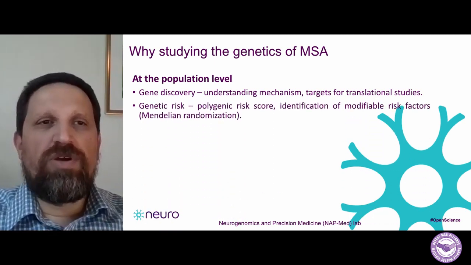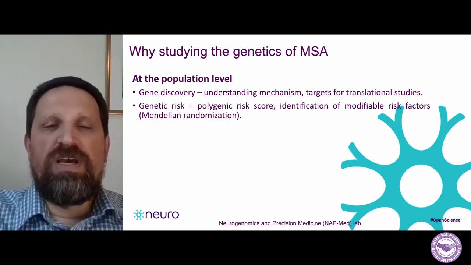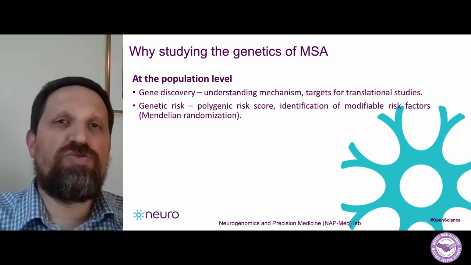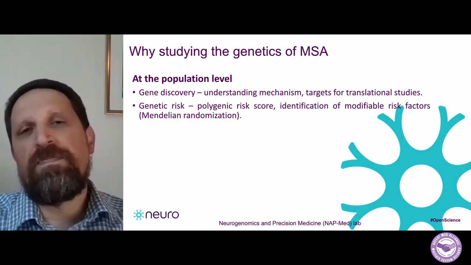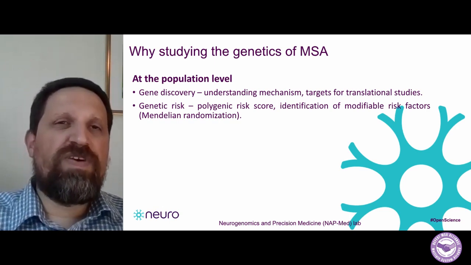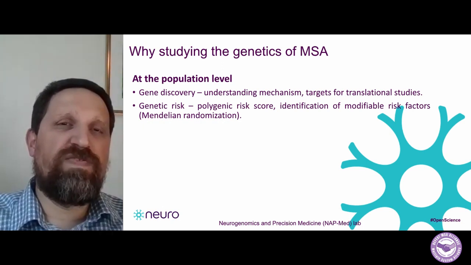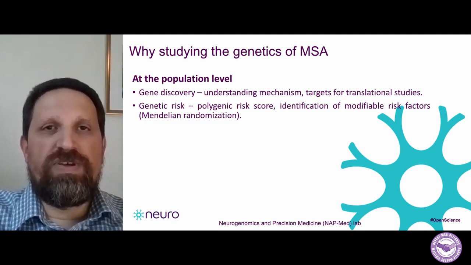Another thing that we can look at the population level is what we call genetic risk. When we analyze the genetics on a large group of individuals with multiple system atrophy, and we compare them to healthy individuals, we can potentially identify many different genetic variants or genetic factors that affect the risk of developing MSA.